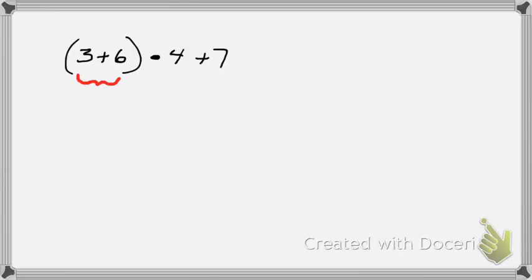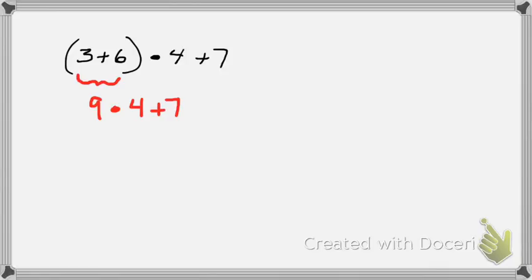Whatever's inside the parentheses is what we do first. And I've marked that in red. 3 plus 6 is what we're going to do first, which you can probably do in your head. 3 plus 6 is 9. And then the rest of the problem we just write out without doing anything. You don't want to bite off more than you can chew. Every step, I only do one thing.